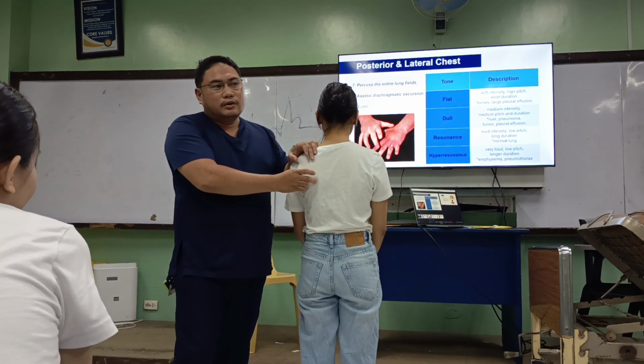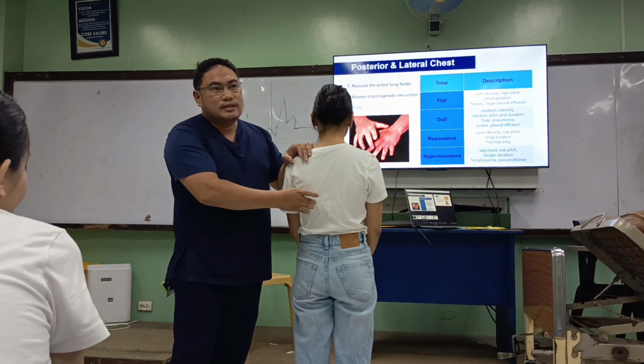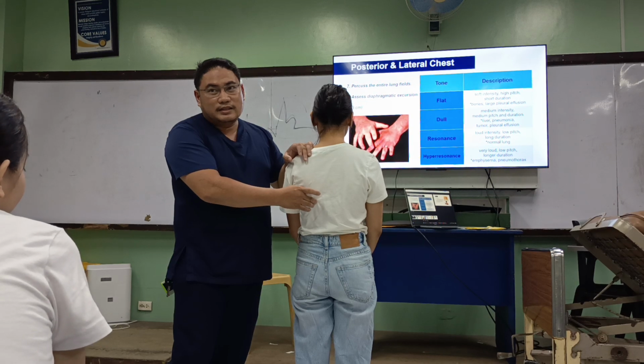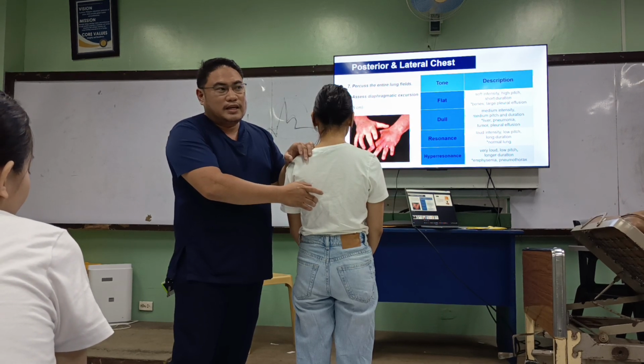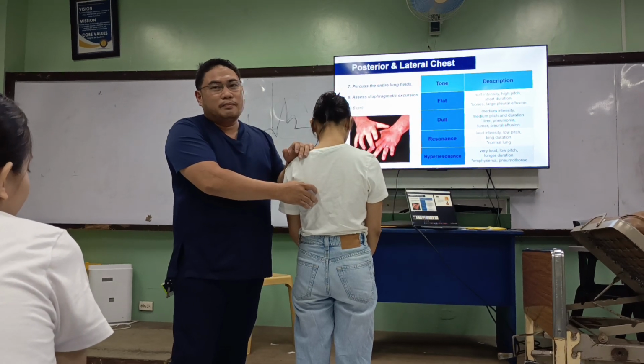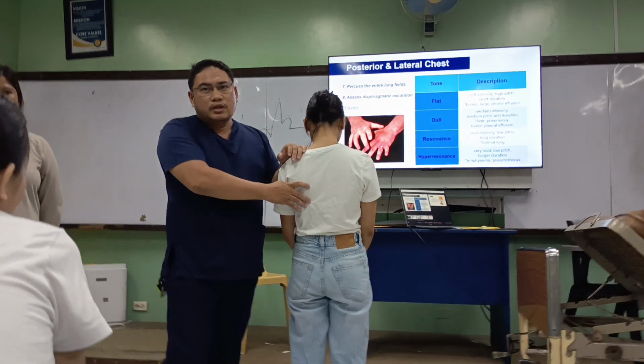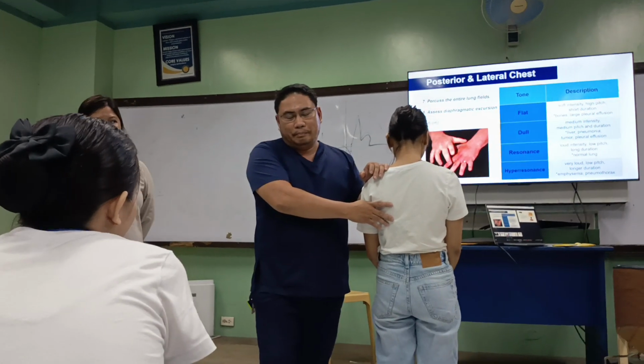Hold, then percuss. Dull. So you're going to assess the level of the diaphragm. Normally, it is around 3 to 6 centimeters. That's how you assess the diaphragm. Okay.